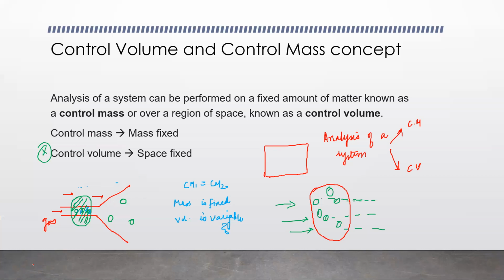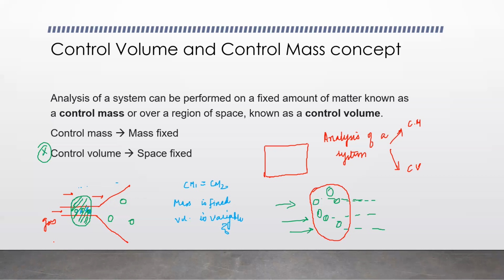Also, when we take a practical system, we don't take such a small control volume where there are only 4 or 5 molecules. We take a very large volume. In that case, if 1 or 2 molecules extra have come in or gone out, that doesn't really change the mass altogether.